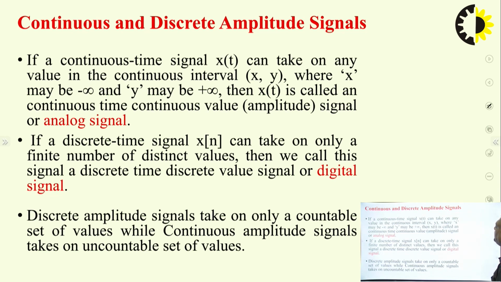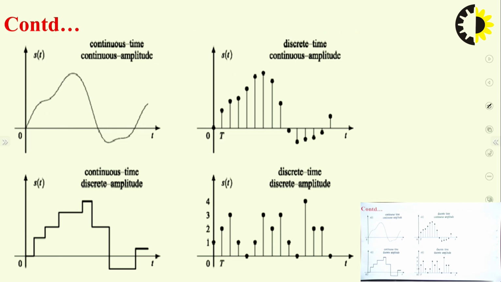Now we will see continuous and discrete amplitude signals. We can see this slide, by which we can see the different types of signals. The first type is continuous time, continuous amplitude signals. Continuous time means that time is continuous, so this signal is defined at each and every time instant. Also you can see the amplitude value.